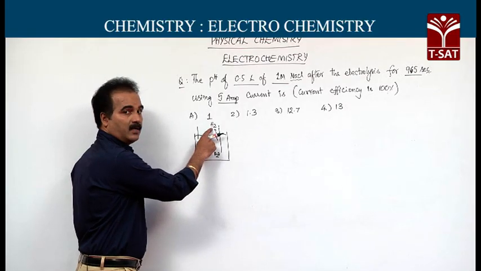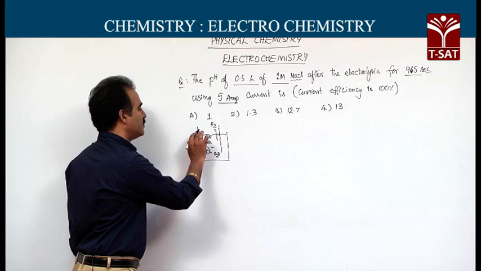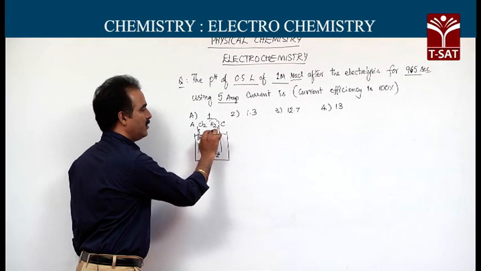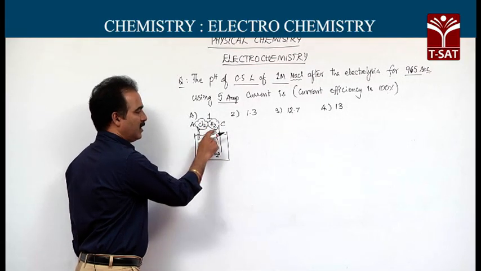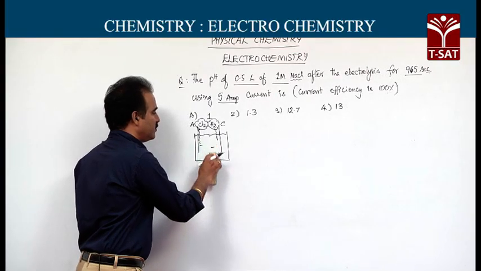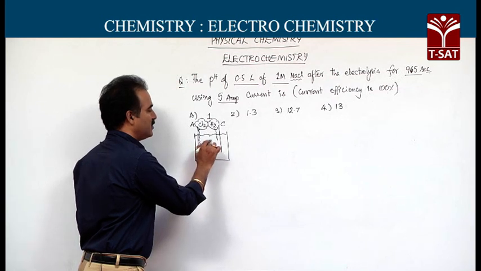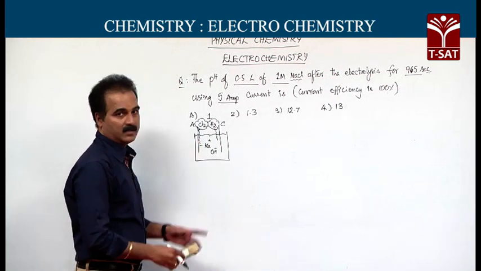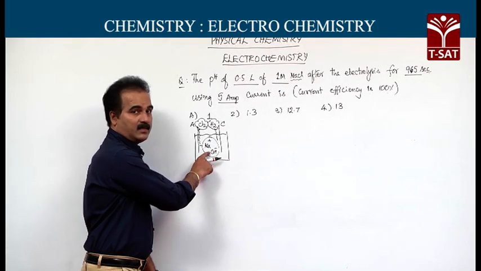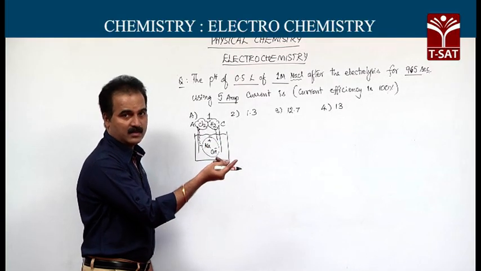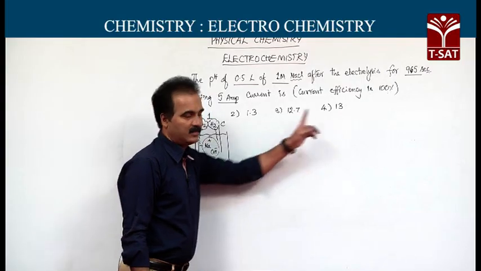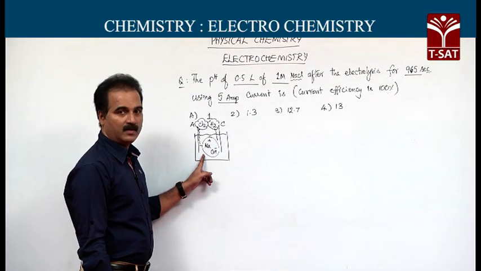So, hydrogen is liberated here, and here chlorine gas will be liberated, that is at anode chlorine gas, at cathode hydrogen gas are liberated, and as a result of hydrogen and chlorine gases liberation, what is left in solution is nothing but Na plus ions and OH minus ions. Altogether solution is becoming basic, and as a result of basic nature pH will be more than 7. So, out of those two, definitely either this will be the answer or this will be the answer, because the resultant solution will be definitely basic.